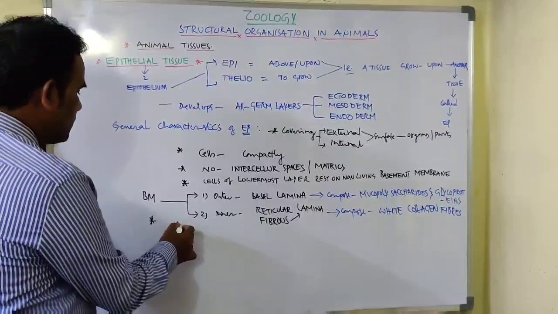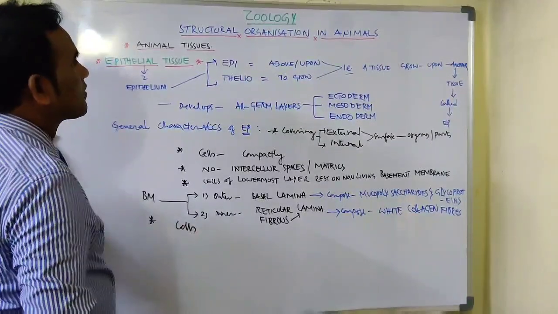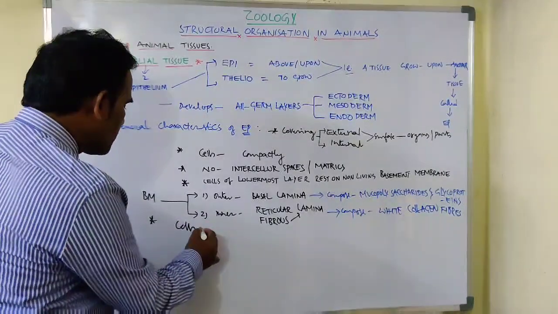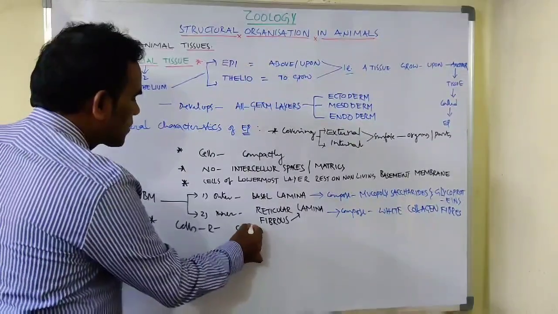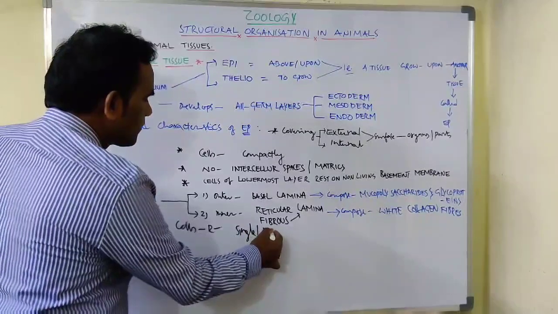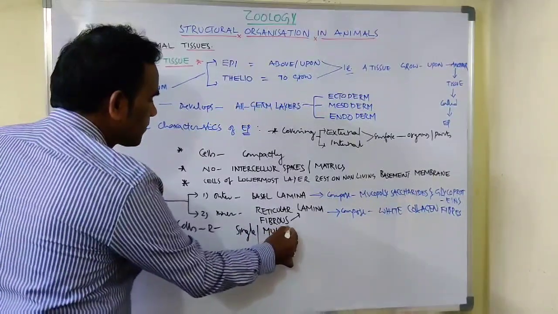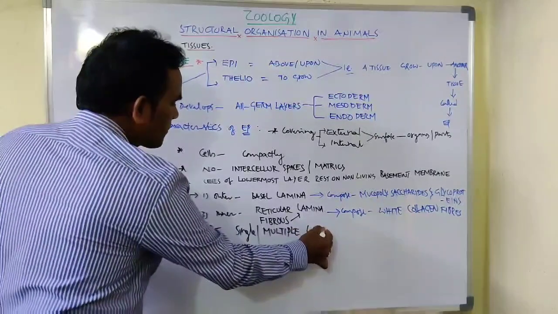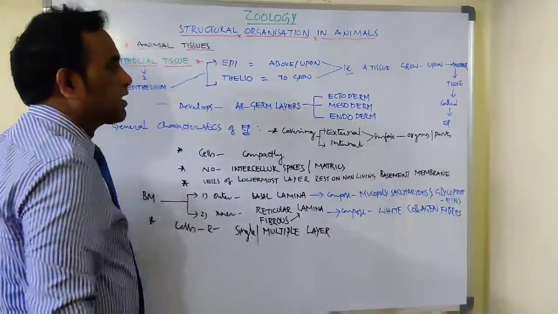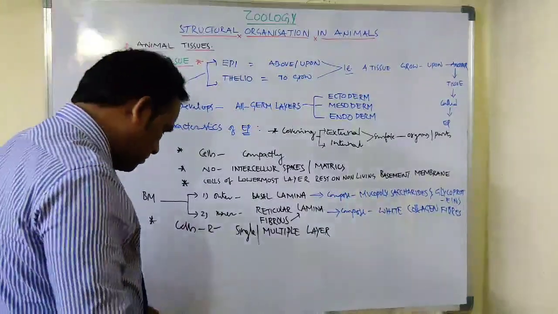Cells of epithelium may be single or multiple layers. So epithelial cells may be in single or multiple layers.